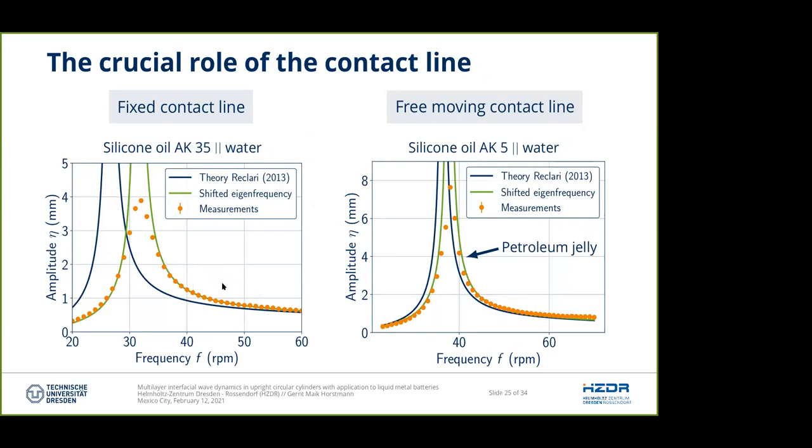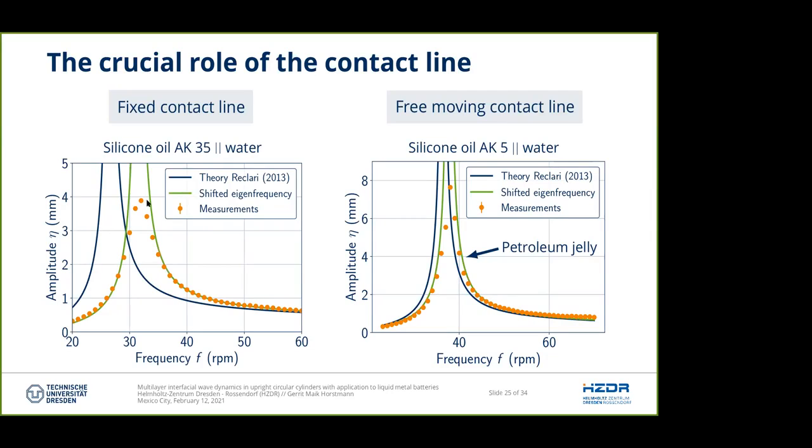And I always found a strong shift. So this blue line here is the theory, and these are my measurements. And you can see that there is a strong mismatch between the peak frequency and the theoretical eigenfrequency. But I also found that if I just shift the theory, then off resonance, I can perfectly match the experimental measurements.